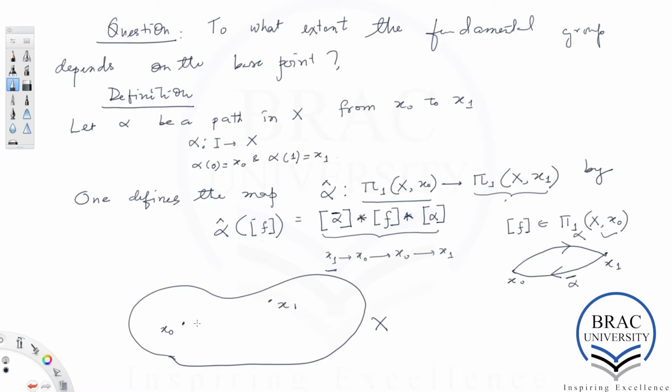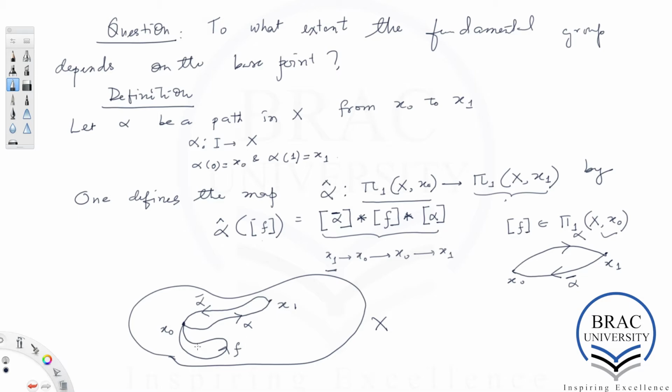I go from x0 to x1 via alpha, and the reverse of alpha takes me from x1 to x0, and at x0 is the loop based, which is f.